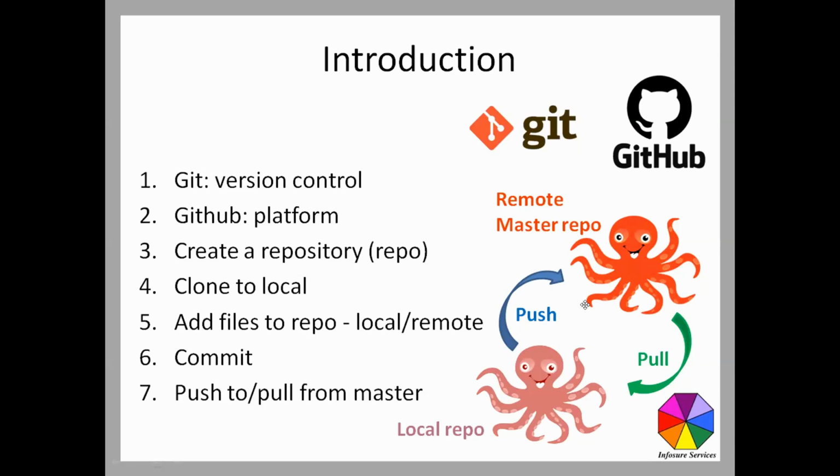And you create a local master repository. In that case the version control system is on your laptop, your desktop. The next version can be modified and checked in, and you could still maintain everything on your local machine.